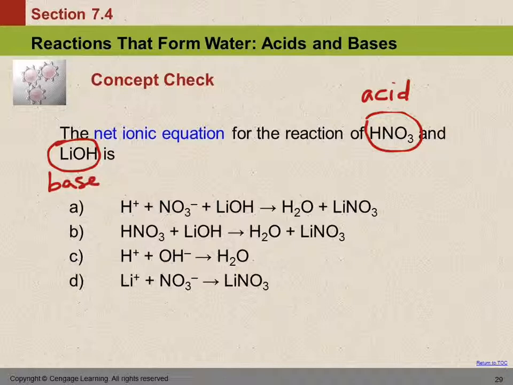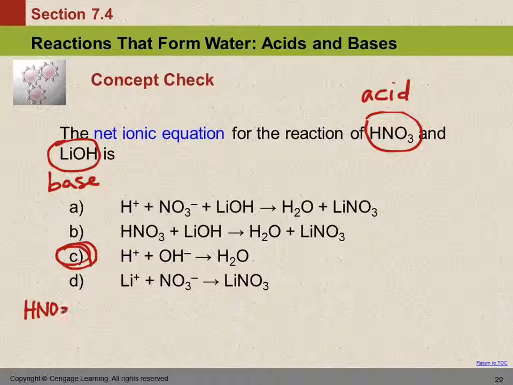So this is an acid-base reaction, and they're asking us what's the net ionic equation. The net ionic equation for an acid-base reaction is always the same. What is it? C. So that's the acid-base net ionic equation. So just for grins, let's actually do that and prove it to ourselves.